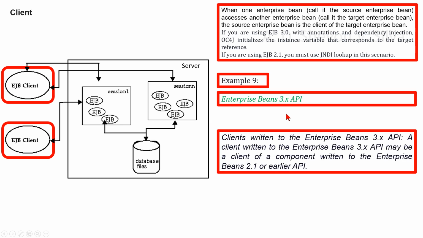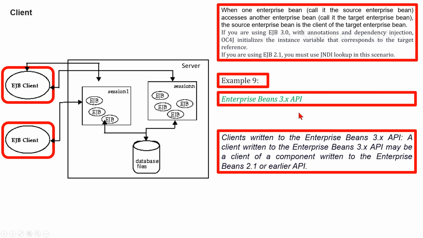Now we are considering clients written to the enterprise bean 3.x API. A client written to the enterprise bean 3.x API may be a client of a component written to the enterprise bean 2.1 or earlier API. Such clients may access components written to the enterprise bean 3.x APIs and components written to the earlier enterprise beans APIs within the same transaction. Such clients access components written to the earlier enterprise beans APIs using the enterprise bean 3.1 client view home and component interfaces.